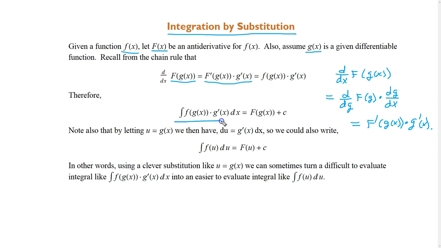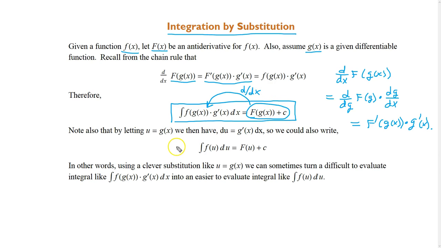We then have that the antiderivative for little f of g of x times g prime of x is equal to capital F of g of x, because after all, by this reasoning up here, if we were to differentiate the right-hand side, we get back the integrand here if we differentiate with respect to x.